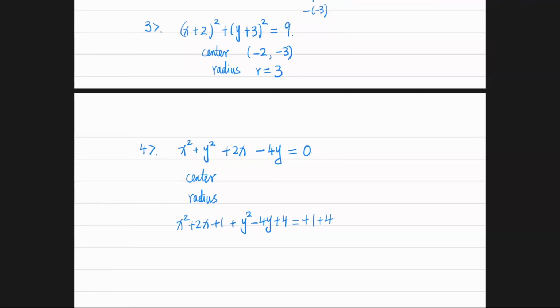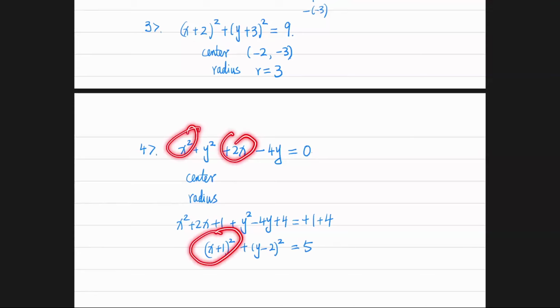Yeah, plus 4. So that basically just means x plus 1 squared. Oh, I know where I got it wrong now. I forgot to put the squared around it. So it's just y minus 2 squared, and then how is this completing the square? I don't get it. Initially we have this. Now we have a complete square, George. Oh, wait, so can I just say radius is root 5?